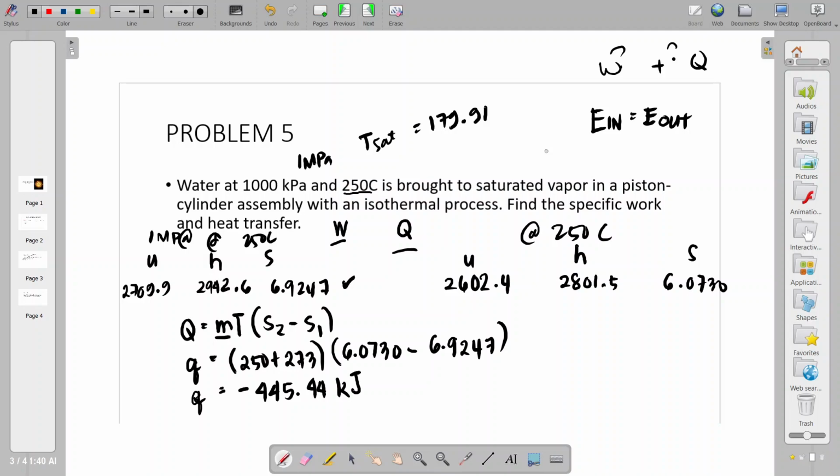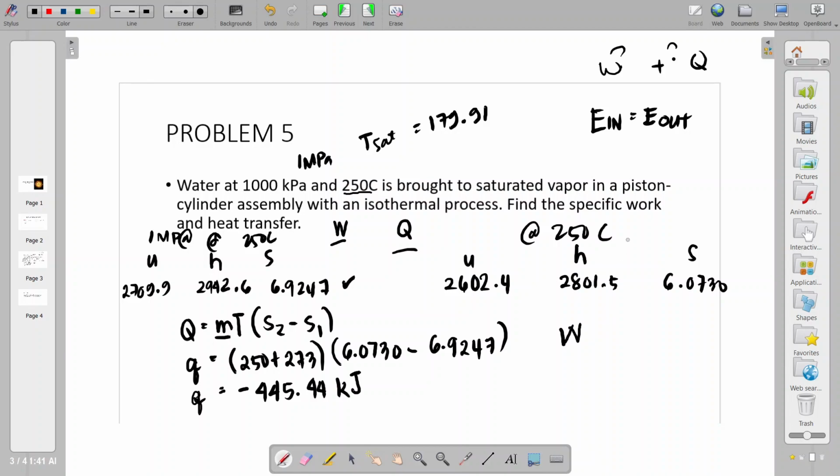Na-reduce. Kasi naging saturated vapor na lang siya, hindi na superheated steam. Ibig sabihin, automatic, lumiit yung volume niya. Okay? Lumiit yung volume niya kasi hindi na siya masyadong heated. So, ang mangyayari dyan is, ang work natin is papasok. Okay? So, energy in natin si work.